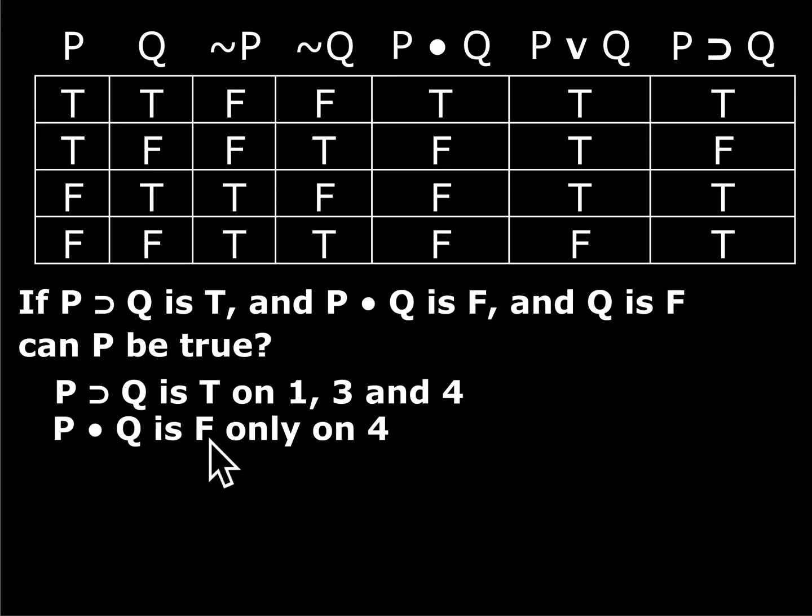P and Q is false only on row 4, and Q is false on 2 and 4. I won't draw squares around the rows, but you can see that the only row where all these conditions are met is row 4.